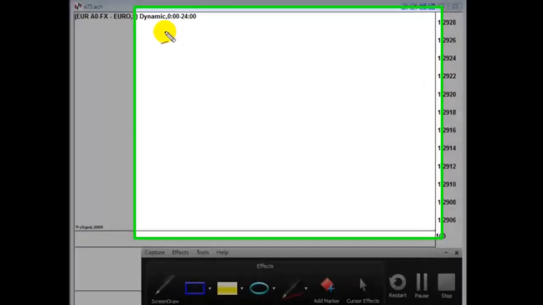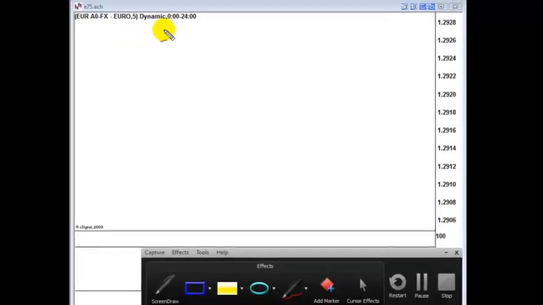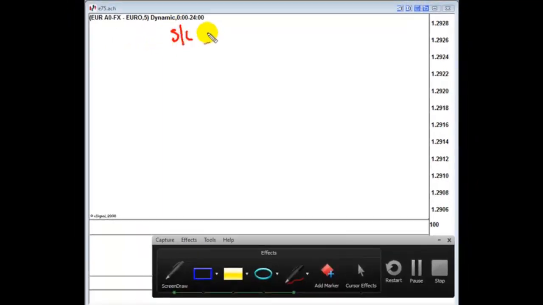But we want a stop loss of no more than, we want it less than 35 pips, let's say. We want a target of 40 to 50 pips.